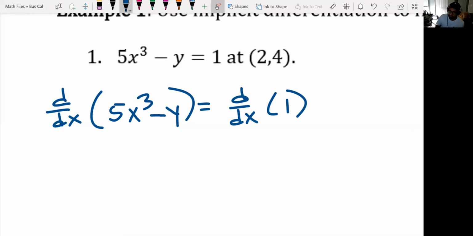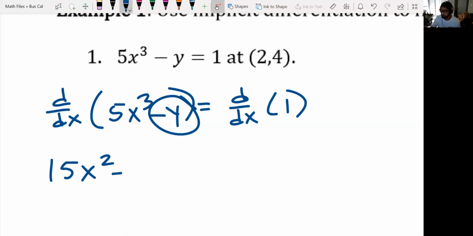Now, take the derivative of 5x cubed, which is 15x squared, minus the implicit derivative of y, which we just learned above. The implicit derivative of y with respect to x is going to be y prime.